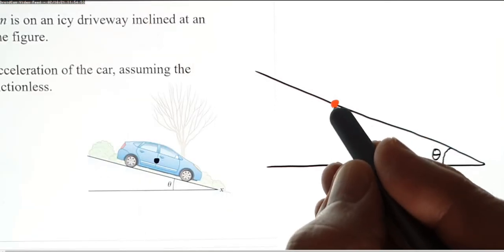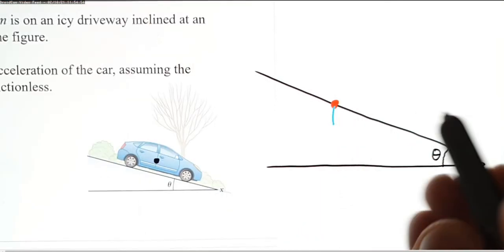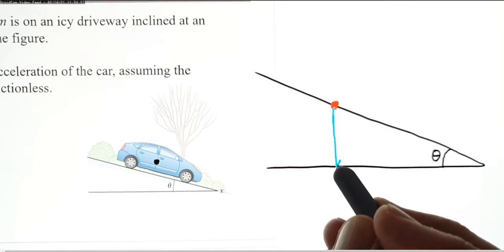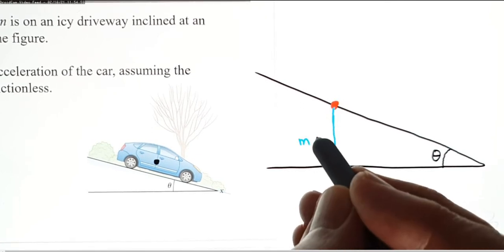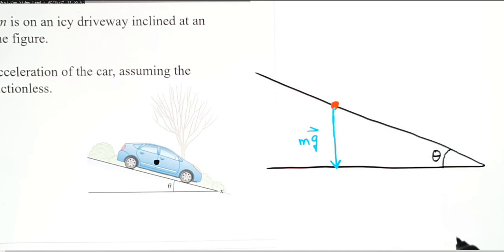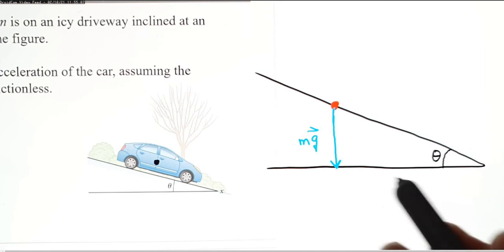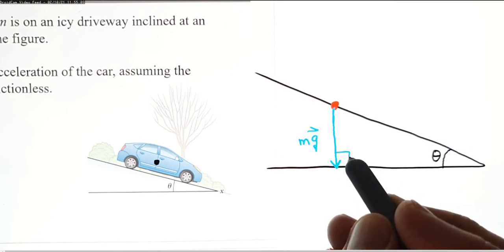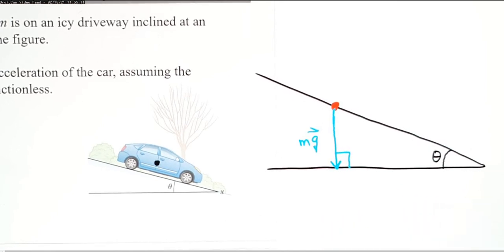So we have mg, pointing downward and perpendicular to the surface of Earth. So this is 90 degrees.